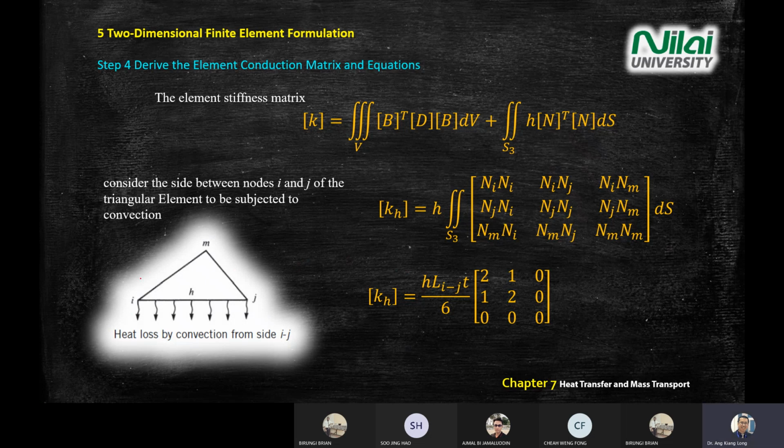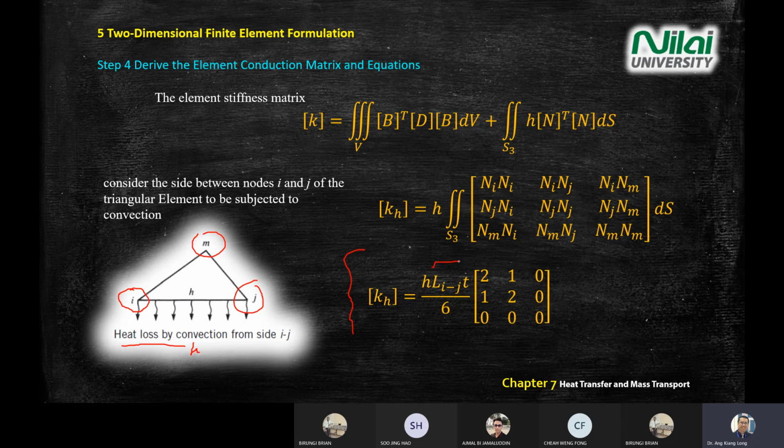So again, we are using the triangular method. I is always the lowest corner of your triangle: I, J, and M. Okay, and in this equation, we assume that the loss by convection H is happening at the side of IJ.